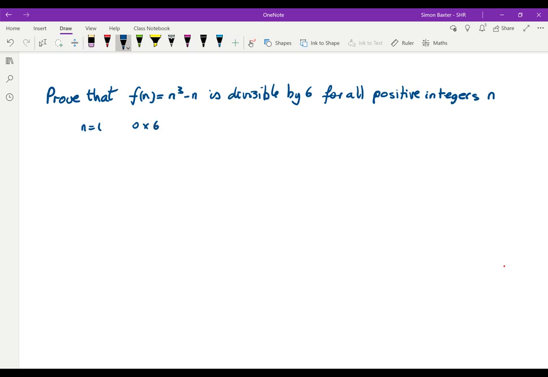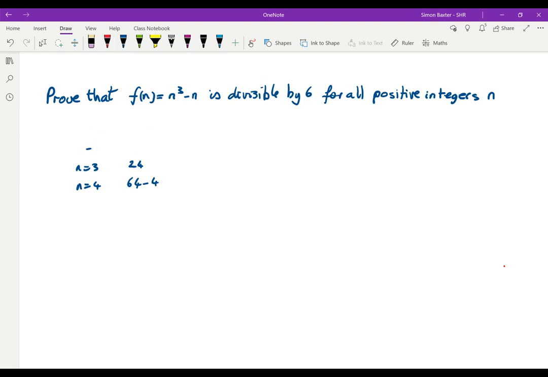So 6 divides. n equals 2 is 8 minus 2, which is 6. That's fine. n equals 3 is 27 minus 3, which is 24. 24 is 4 times 6. It looks as though it's going quite nicely. n equals 4, 4 cubed is 64, minus 4 is 60, which is divisible by 6.